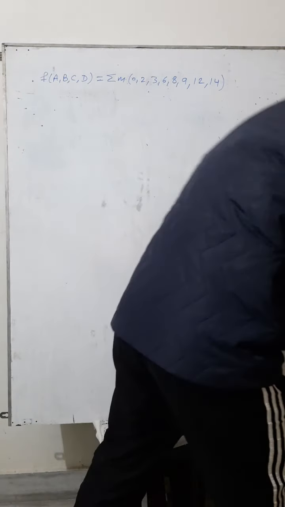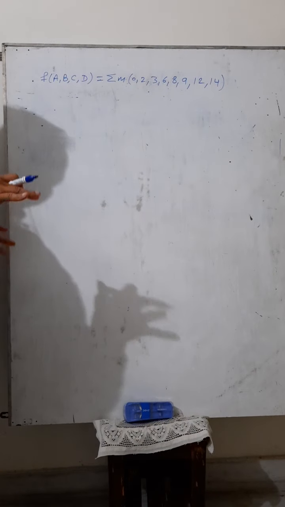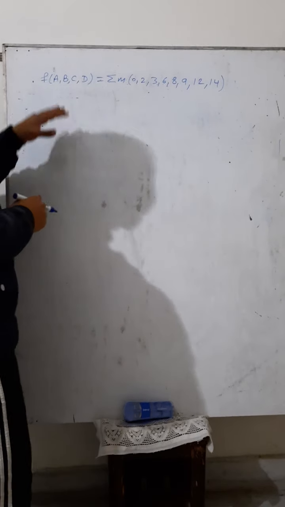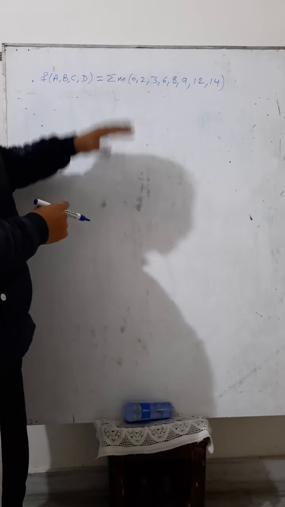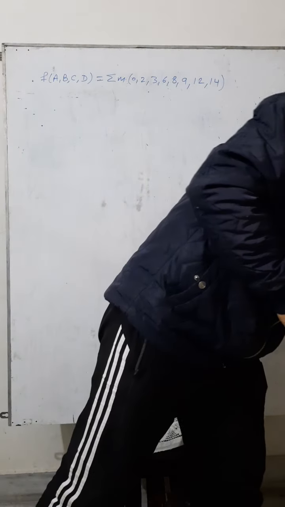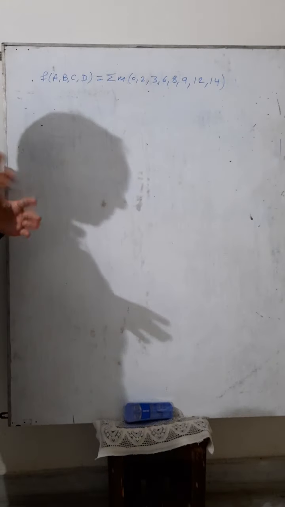So by using any such mux IC, we can solve this type of problem. A problem is given in this form, saying that you have to implement this function by using a multiplexer of 16 is to 1.